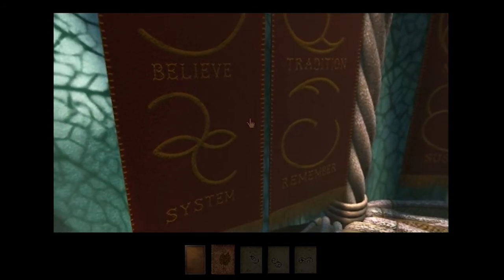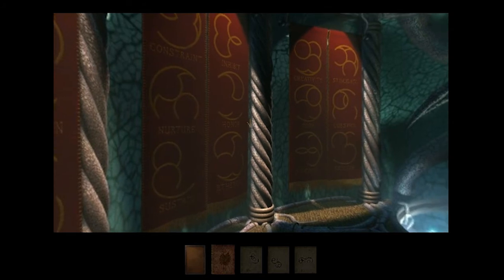System. System. It sort of loops around. And it has the little things in the middle.